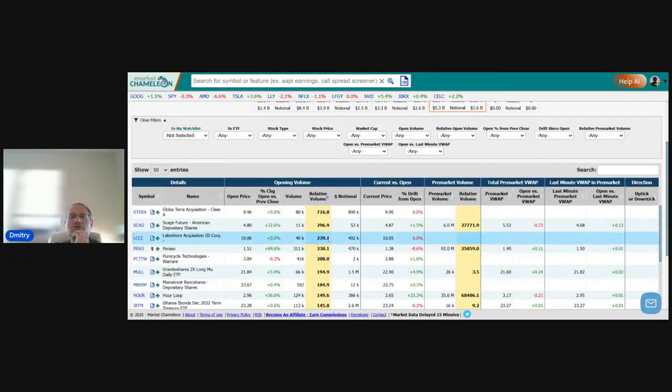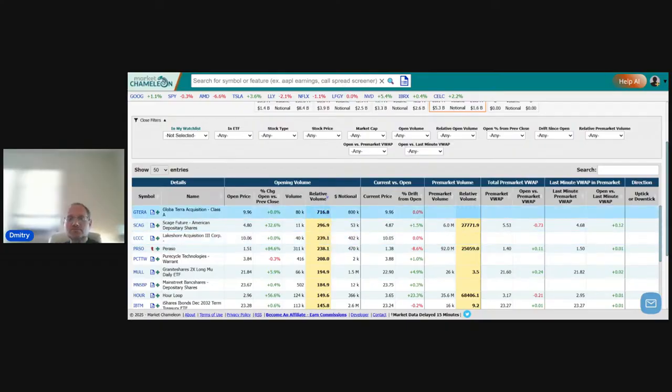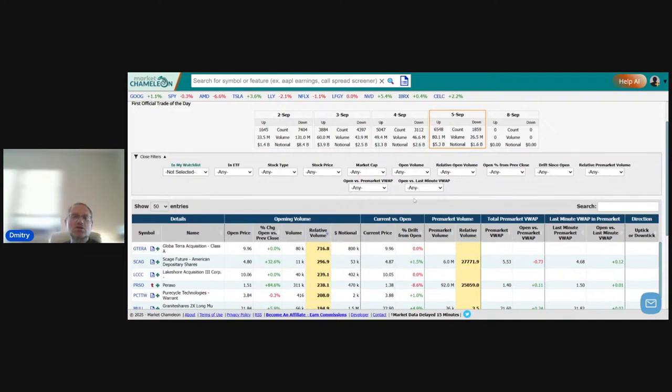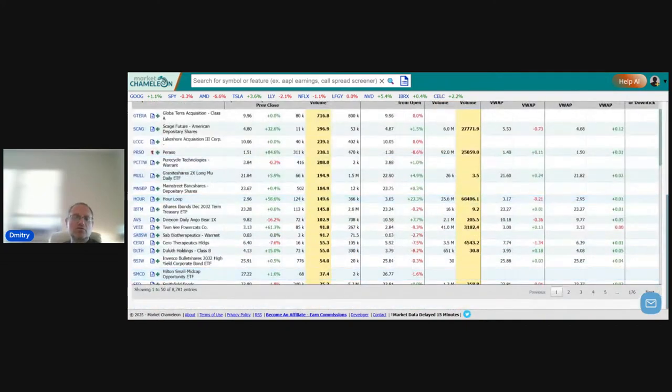So right now we're looking at the open price. You see here, there are 8,781 stocks in here that opened. This is as of Friday's open, because we're not open yet today. So we're still in a pre-market session, and this is looking back at the previous day's opening auction.